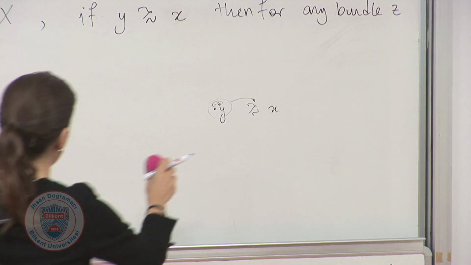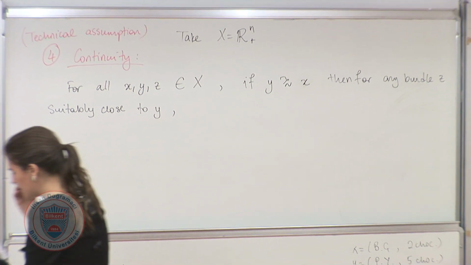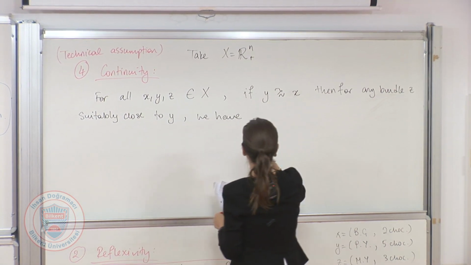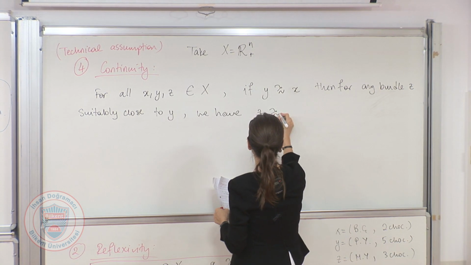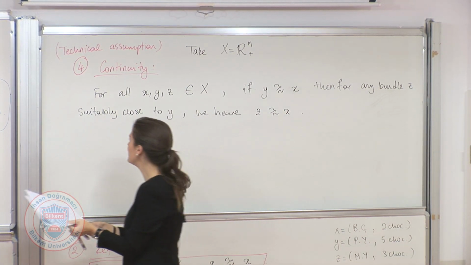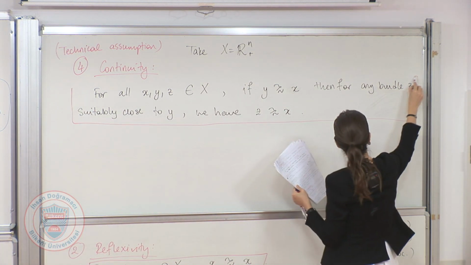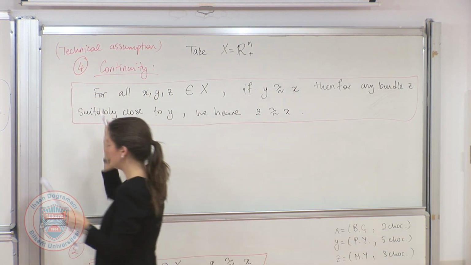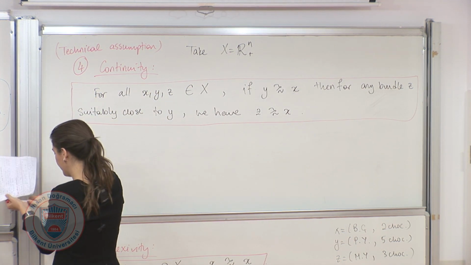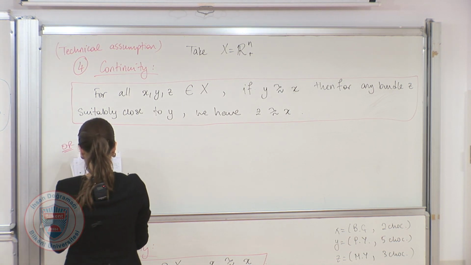So let me write this: suitably close to y, we have z at least as good as x as well. As I said, this is not the technical definition, but it is more intuitive. That's why I like this. But let me provide you the technical definition.